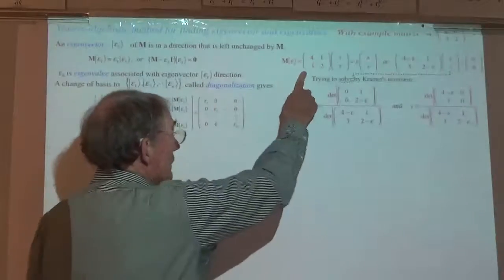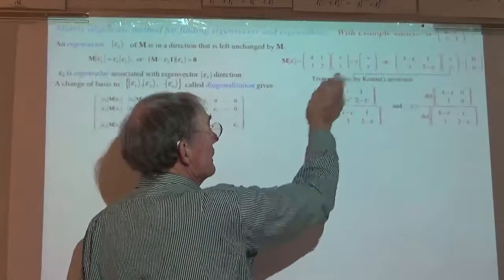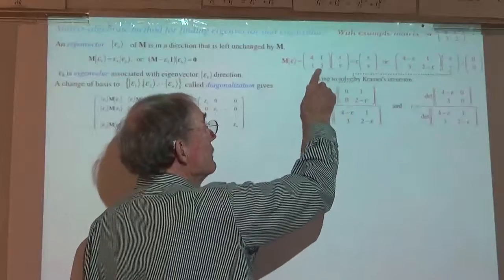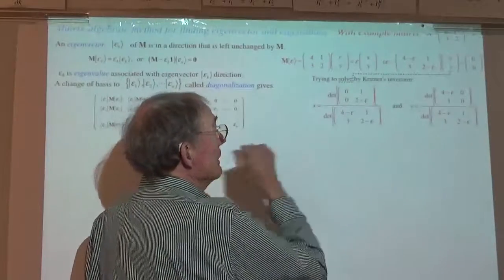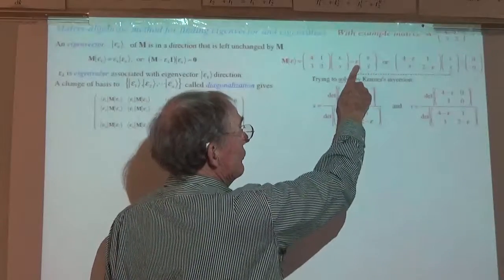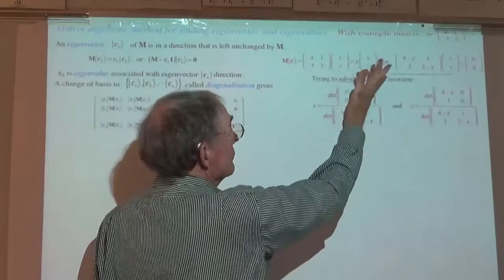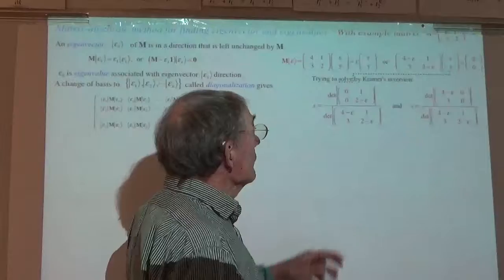Here's the eigenvector equation set up. This is claiming that I can find a set of x and y components of a vector such that when this matrix is applied to it, it gives that vector back again with its length changed, possibly. If epsilon is equal to 1, then it just gives the vector back again. We'll see plenty of operators that do that sort of thing.